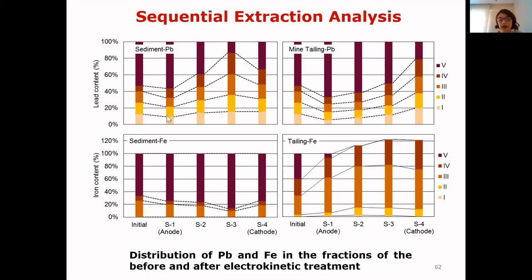And the most labile fractions are dissolved in the first section of sediment and also mine tailings. Lead is transported towards the cathode. Thus, in section 1, lead fractions from 1 to 4 decreased compared to the initial analysis. The transported lead toward the cathode was accumulated in the other sections, sections 2, 3, 4.